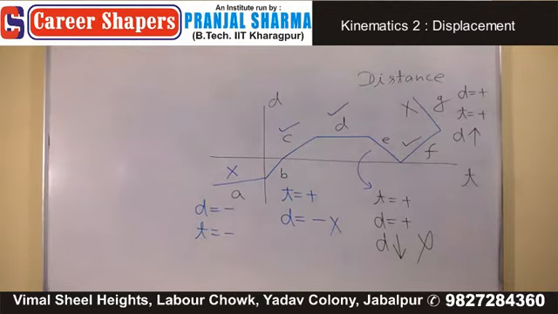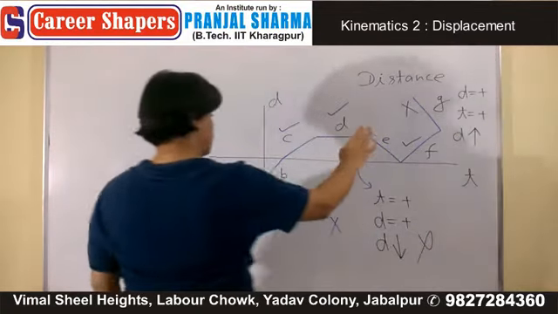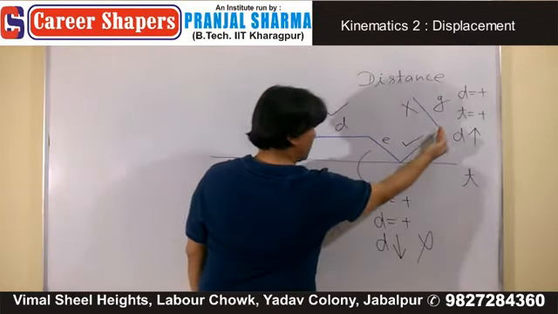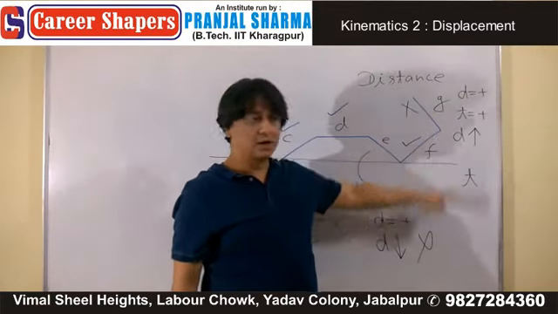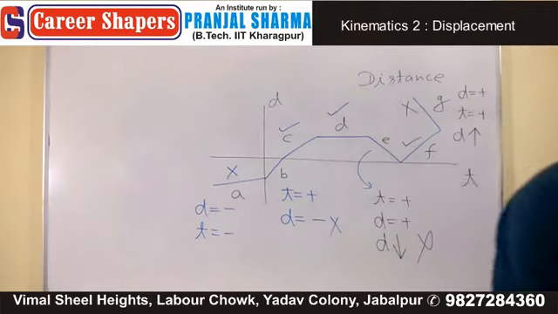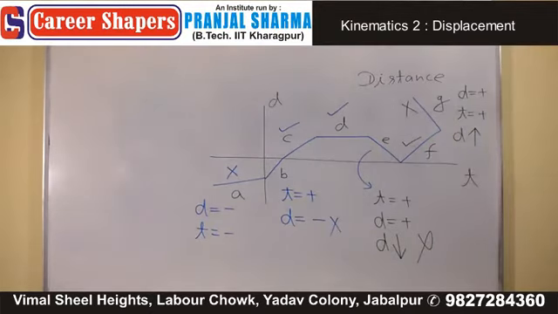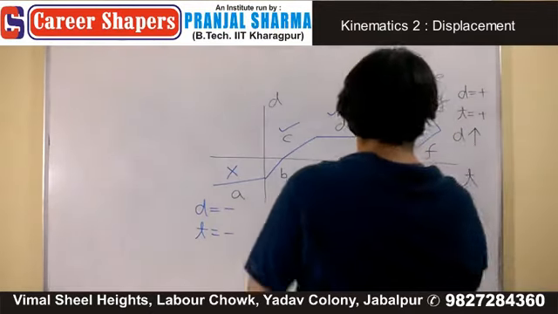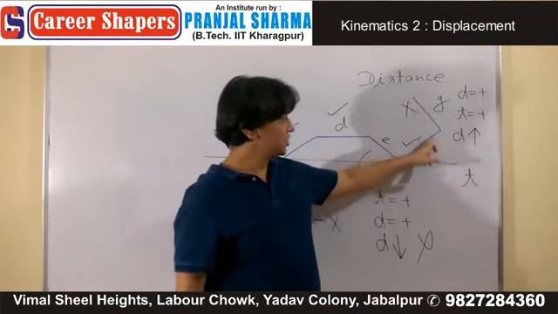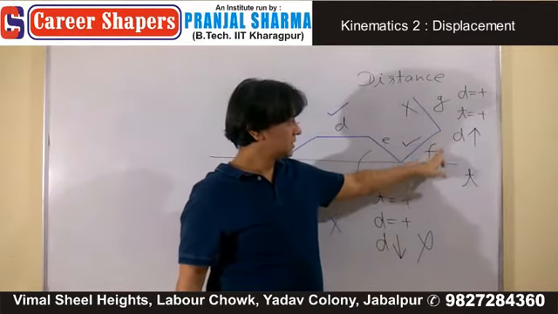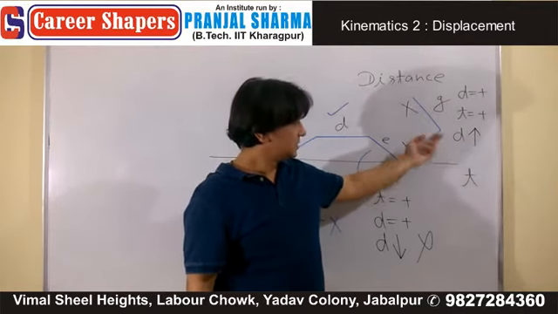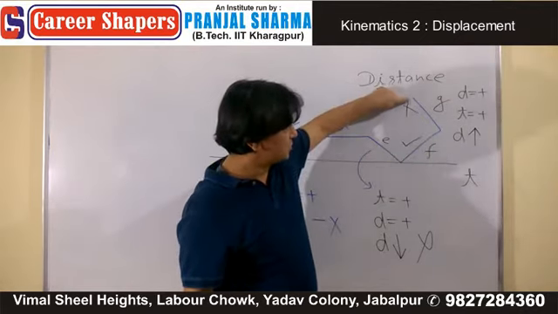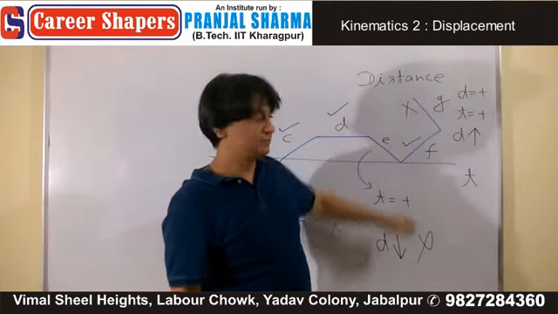Good, that is the answer. If you look at part G, what is happening? You're coming back. Coming back means if at this position, let's say time is 5 seconds, then at this position time will be less than 5.